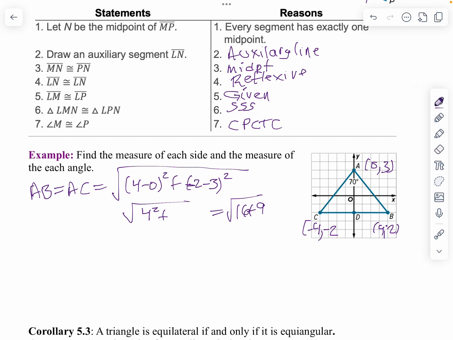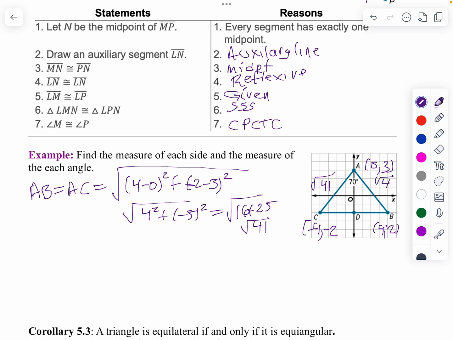Negative 2 minus 3, I'm sorry, that's negative 5. So I get the square root of 16 plus 25, which gives the square root of 41 for each one of these.